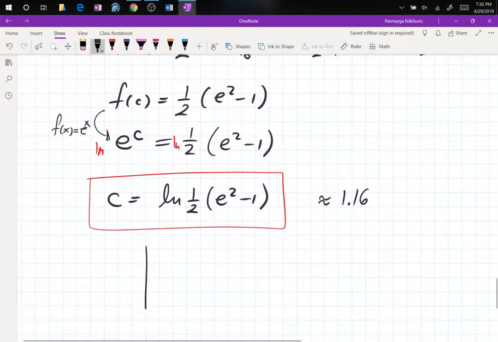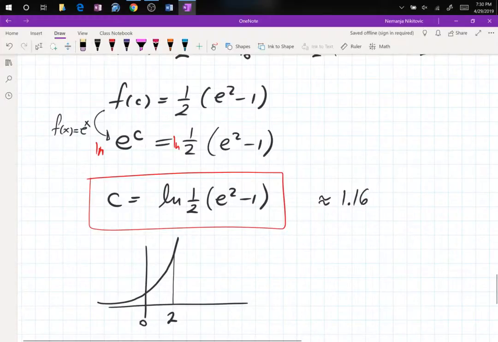So if I draw the e to the x function, and I am on the interval 0 to 2 at about 1.16, that would be the mid value for the interval, for the function. Nice.